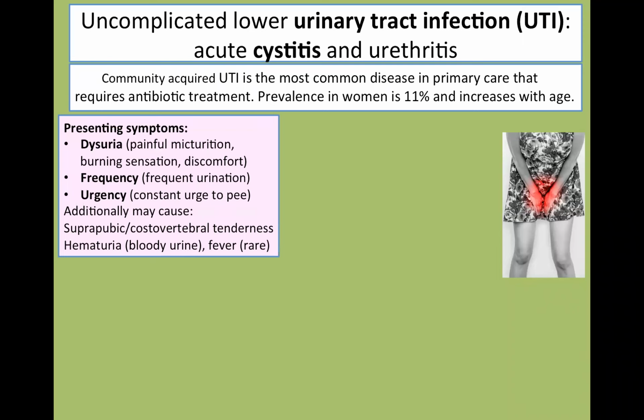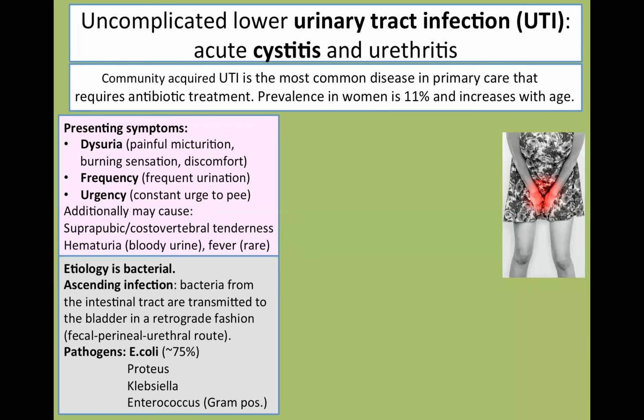And the symptoms are well known: dysuria, a painful micturition with a burning or discomfort sensation, is quite common, with frequency and urgency. Additionally, it may induce some mild pain or tenderness, and rarely it will result in hematuria.